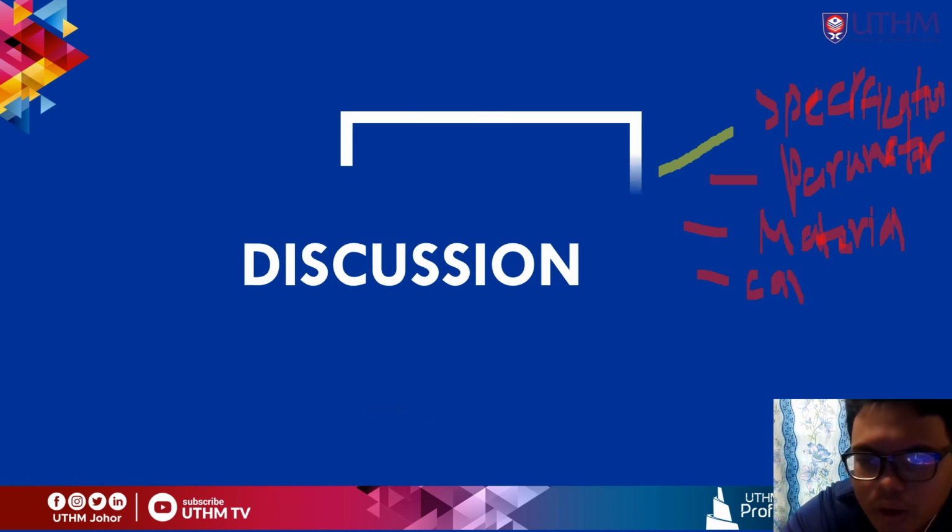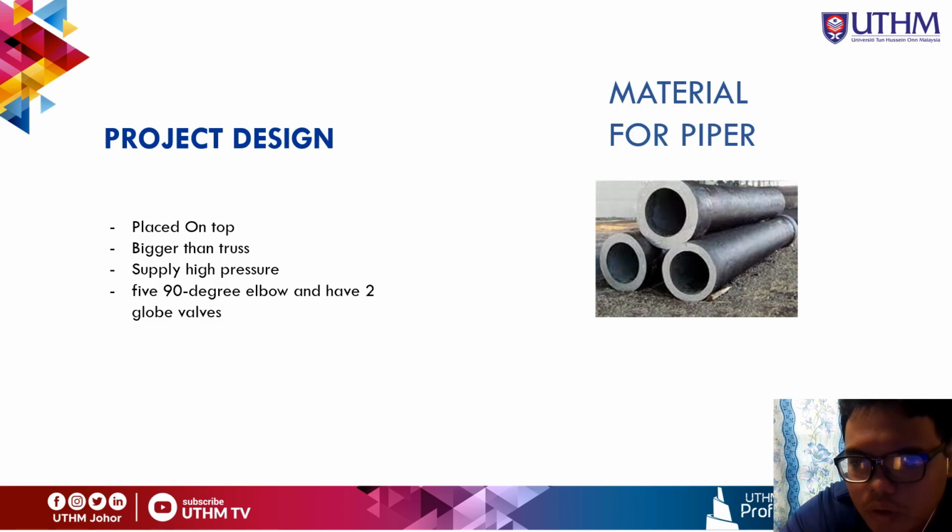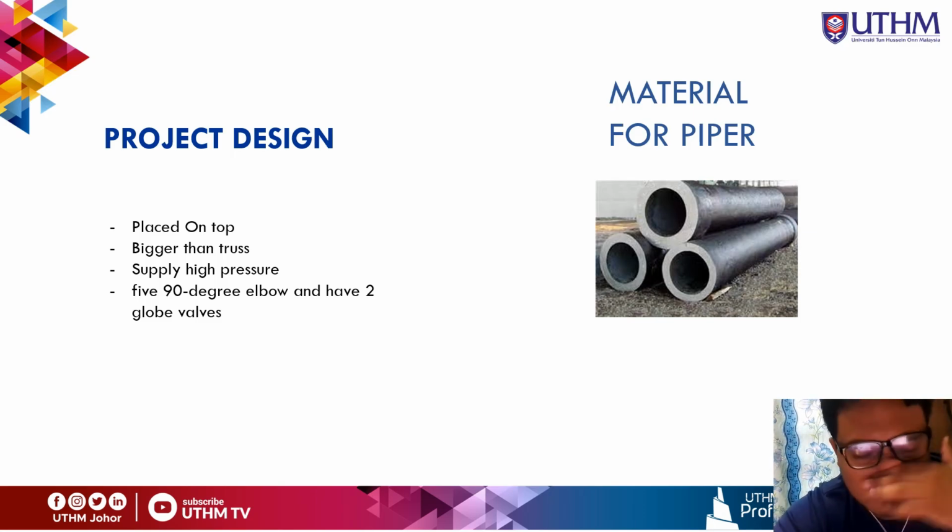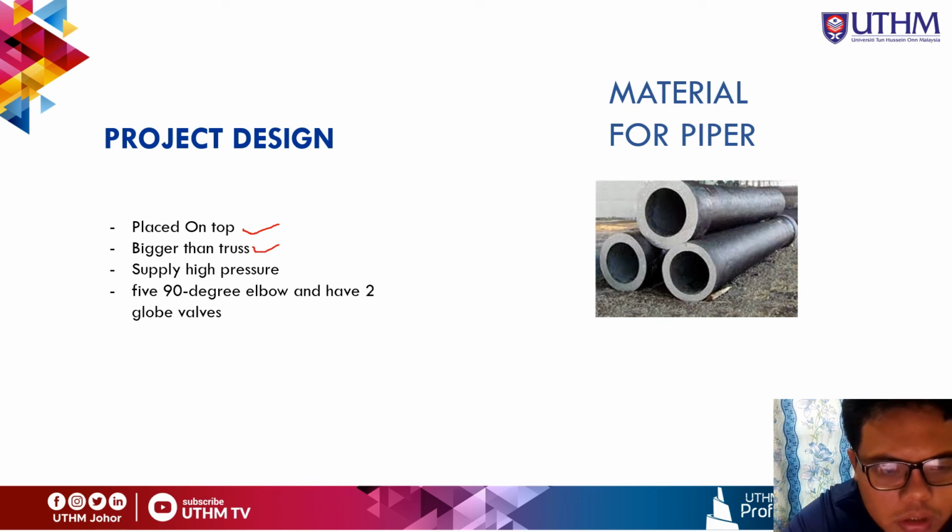The first thing we are going to talk about is our project design specification. The tank must be placed on top, and it has to be bigger than the trough that is supported, because we need high pressure water to be transmitted to the residential area, so it needs to be placed correctly.